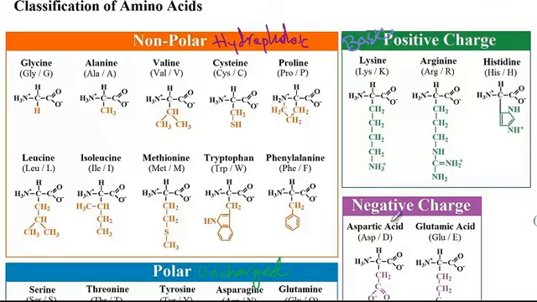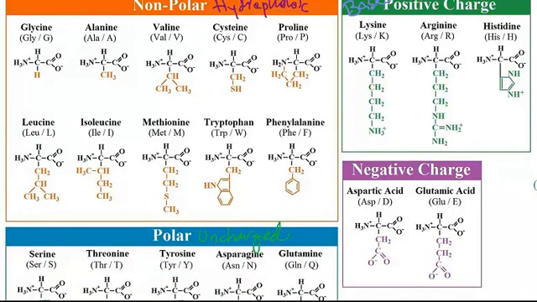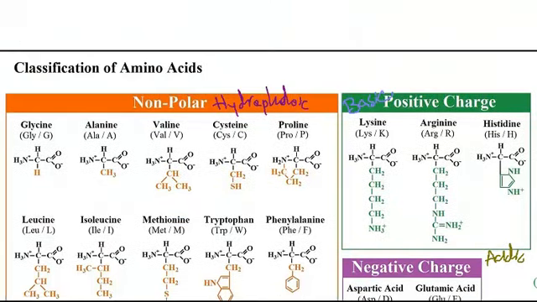And then next, we have negatively charged amino acids like aspartic acid or glutamic acid, which are hydrogen donors. So these are now acidic amino acids. And I would like you to remember that aspartic acid and glutamic acid, these two are acidic amino acids and are negatively charged, versus lysine and arginine and histidine, these are positively charged and are basic amino acids.